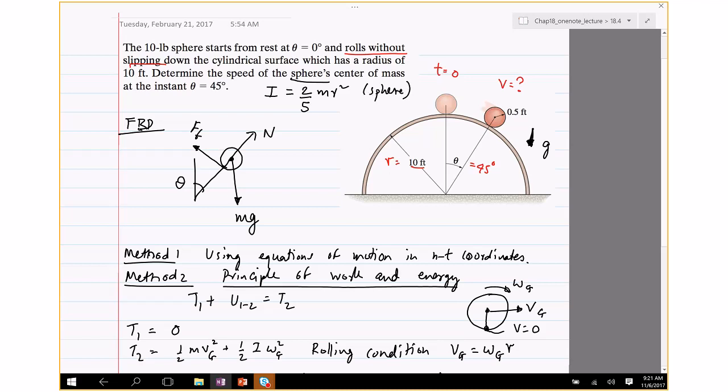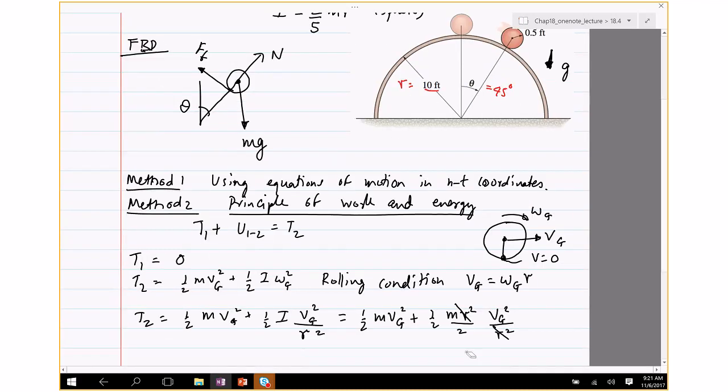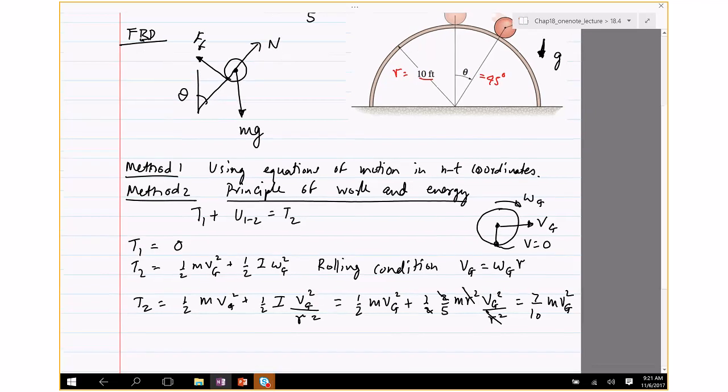So I need to go back and fix my I. It's 2/5 mr squared. If you simplify this, I think you get 7 divided by 10 m vg squared.